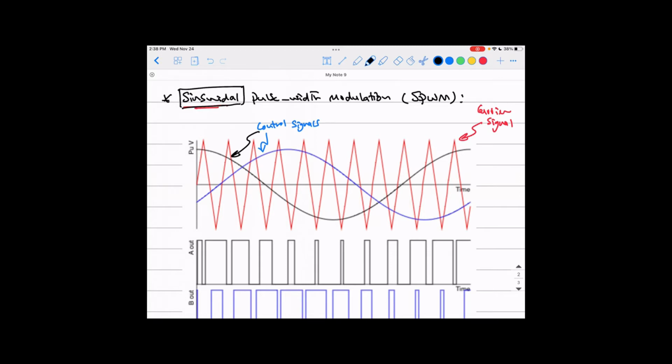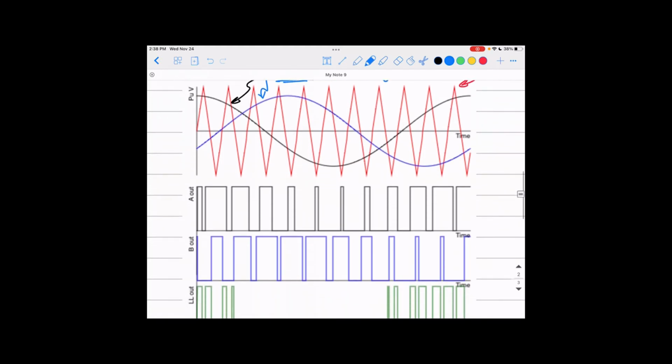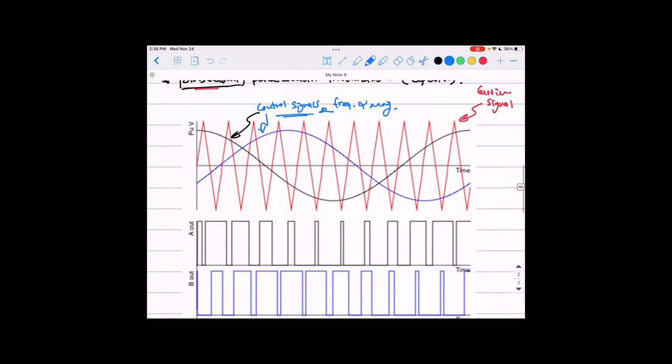By controlling the frequency and magnitude of these control signals, we can control the frequency and magnitude of the voltage output. You determine the frequency and magnitude of the sinusoidal wave you want, and then it's compared with the carrier signal to produce the pulses that go into the switches.